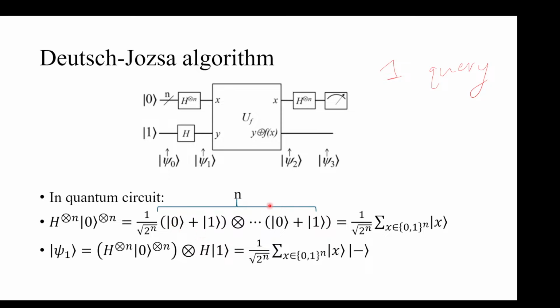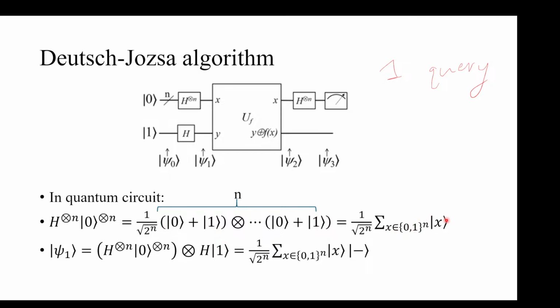And so when you multiply all these n factors of 0 plus 1, you get a result of all possible strings. There are n factors with 2 terms inside multiplying together, so there are 2 to the n terms in total, and that exactly matches that there are 2 to the n different strings.